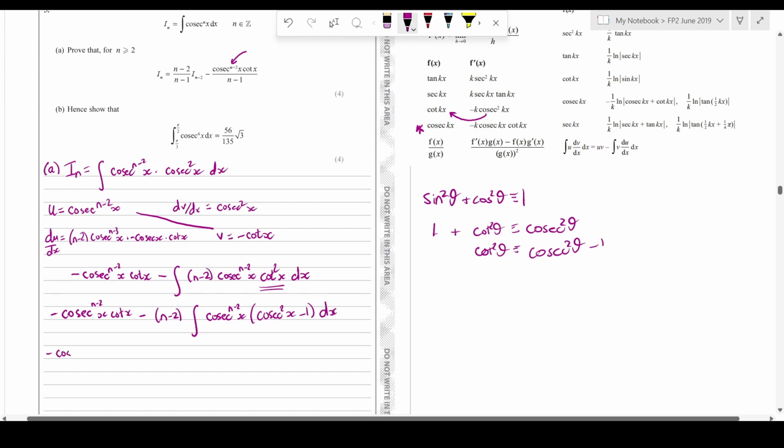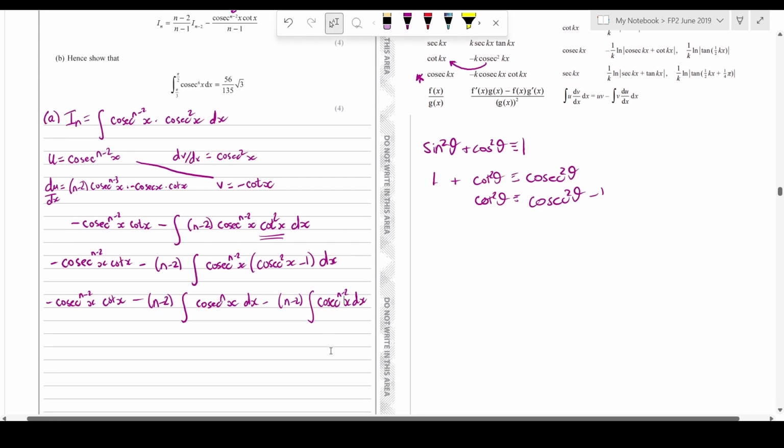So I've got minus cosec to the n minus 2 of x cot x. Now if we expand this, I've got minus n minus 2. You can probably do this next step quite quickly, but I'm going to make a point of it and go a bit slowly. So that's going to be the integral of cosec to the n dx minus n minus 2 times the integral of cosec n minus 2 of x dx.